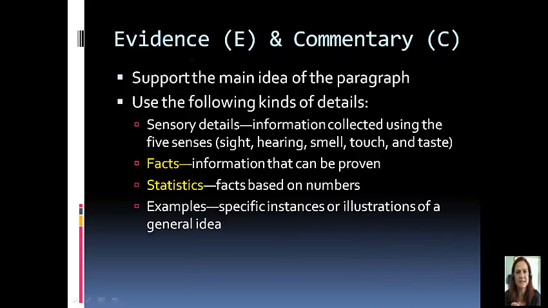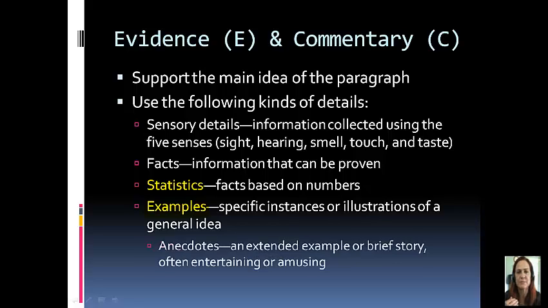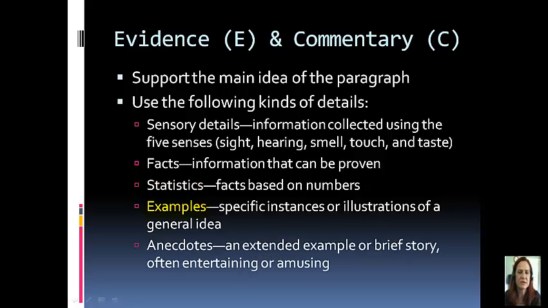It could be statistics, which is based on numbers. It could be examples, which are specific instances or illustrations of a general idea. Or it could be an anecdote, which is an expanded example or a little story. An anecdote is usually entertaining or amusing.